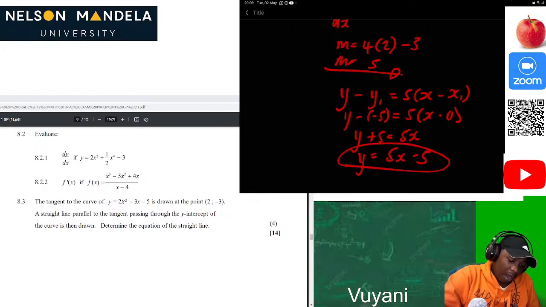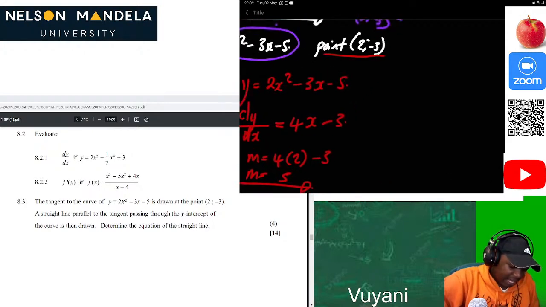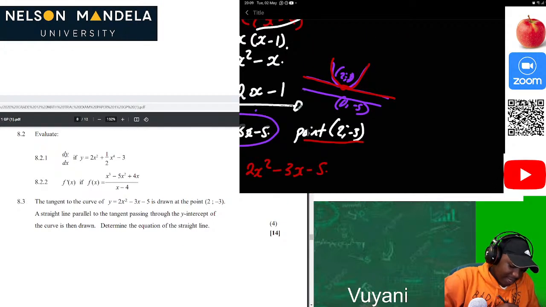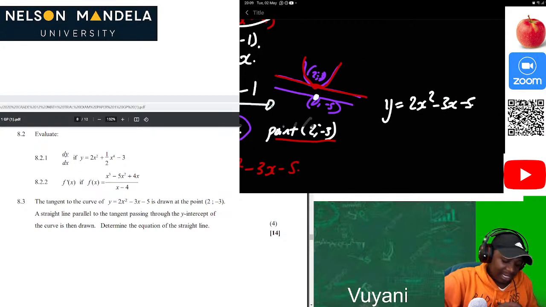Someone is asking where I am getting the point (0, -5) which I substitute with. According to the English they gave us, this line, which is drawn parallel to the tangent, is passing through the y-intercept of the curve. We were given y equal to 2x squared minus 3x minus 5. What is the y-intercept of this curve? We let x be 0.